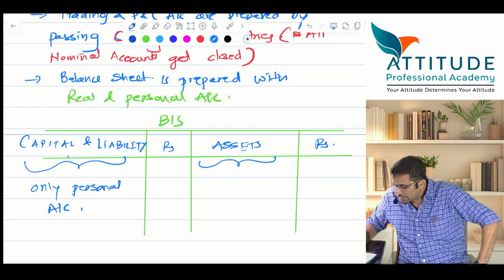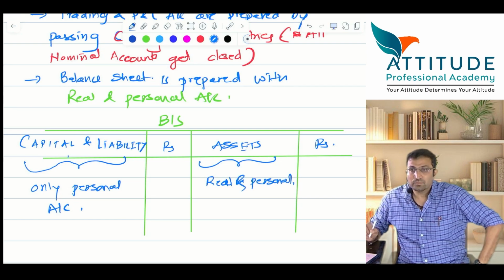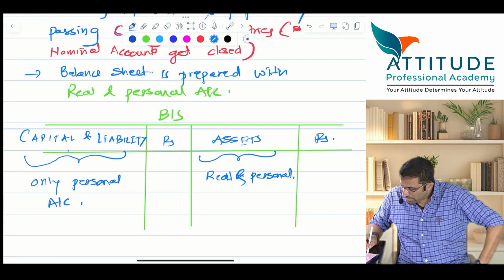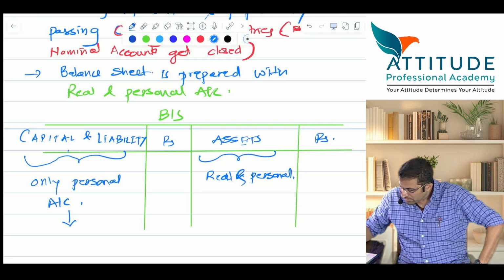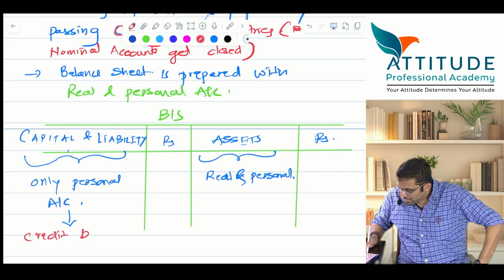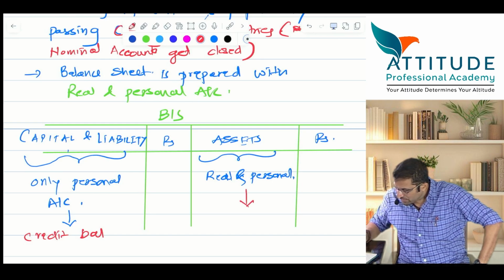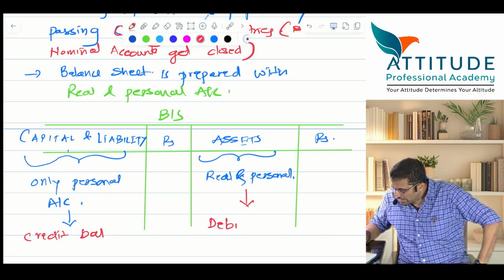Assets are real and personal. And one more thing you remember: capital and liabilities will always show a credit balance, and assets will always show a debit balance.